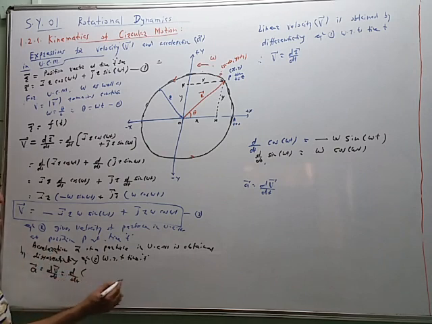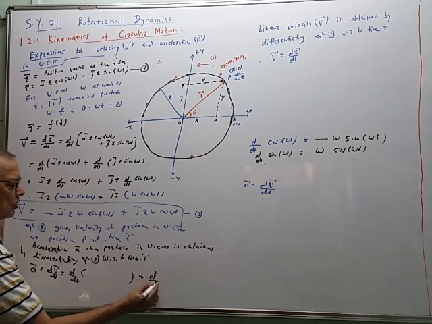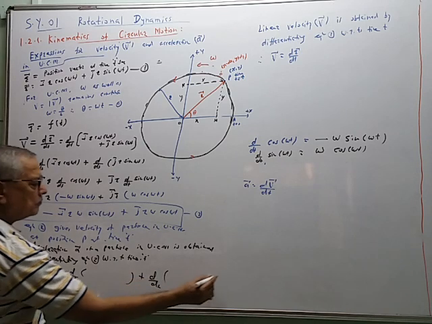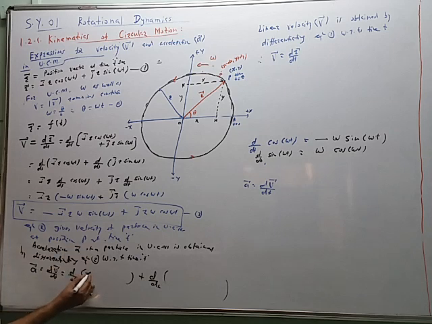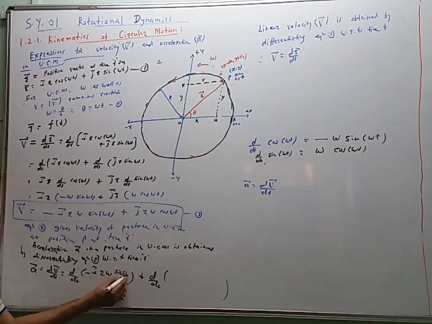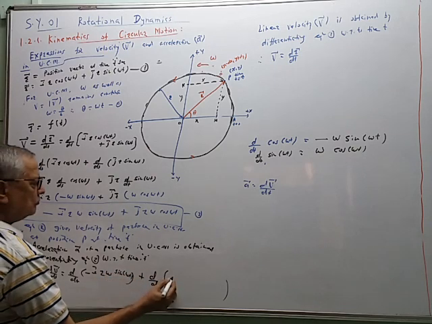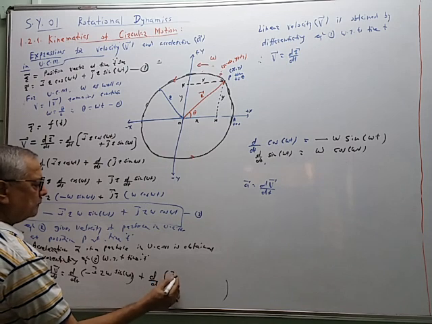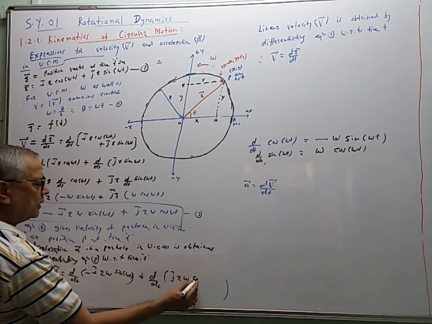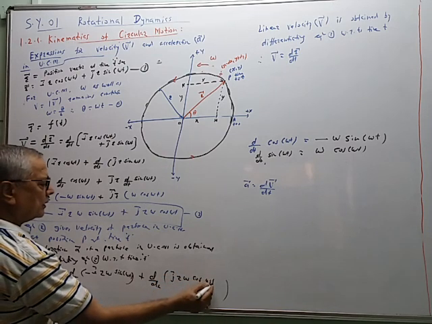So derivative of the first term with respect to time t, derivative of the second term. So first term minus i r omega sin of omega t plus j r omega cos of omega t.